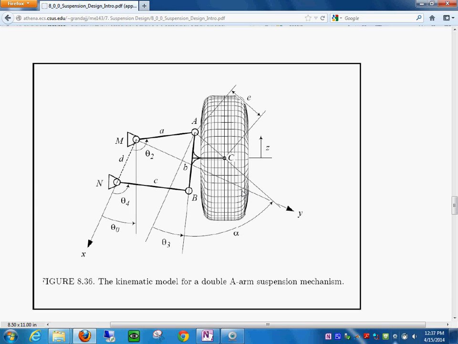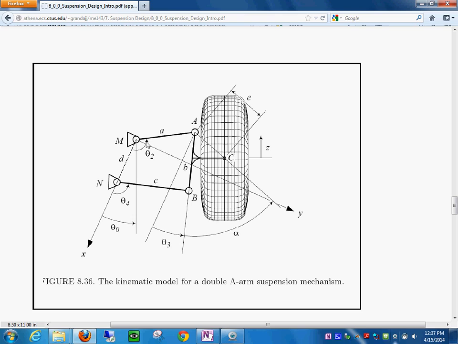So these are the basic parameters of the design of the linkages that belong to the suspension system. And as you can see from the kinematics point of view, the point where the wheel attaches to the axle can be considered what we call a coupler point.